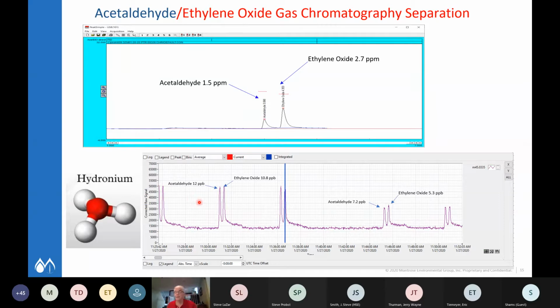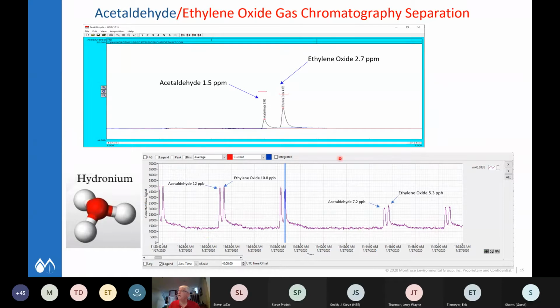I'm going to cut the concentration considerably because it'll swamp the system. So here I'm using the hydronium mode, so we're going to transfer a proton over to the systems. And you can see as you do the injection, you've got your nice baseline, which corresponds to this area here.